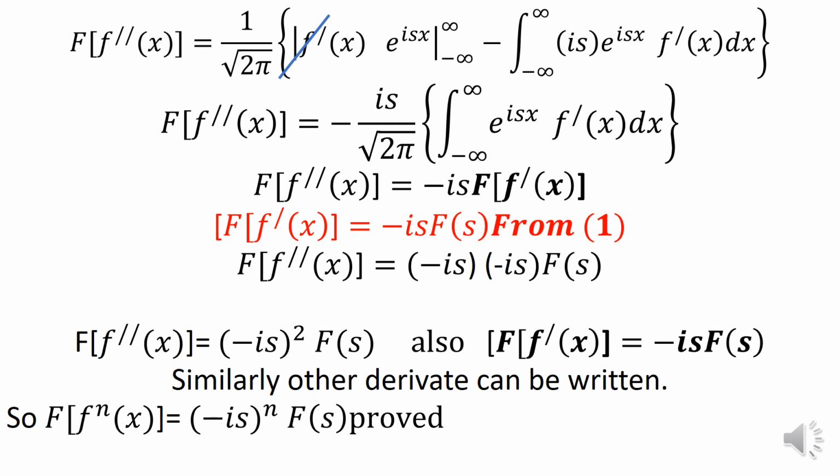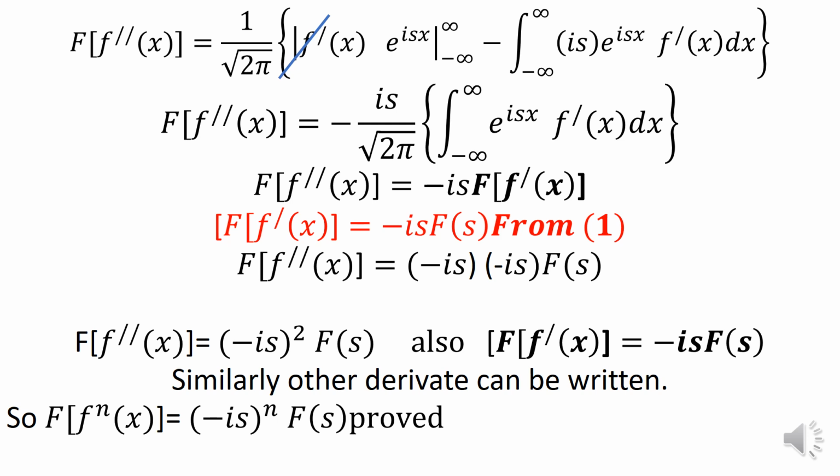Minus iota s times 1 by root 2 pi of this formula, which is the Fourier transform of f dash x, or you can say this whole part is F(s) as in question 1. So the Fourier transform of f double dash x will be minus iota s squared F(s).